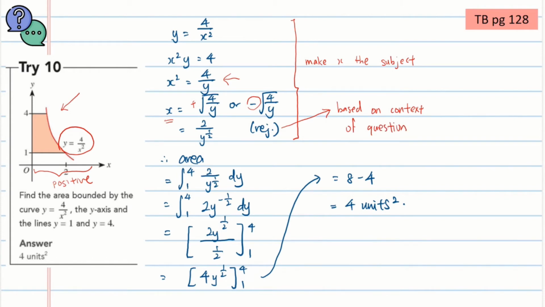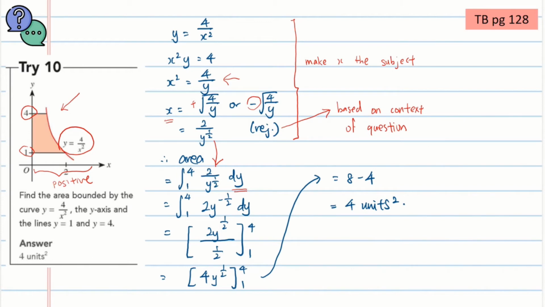Therefore, in finding the area, I will integrate from 1 to 4, taking the y-axis values, the function 2 over y to the power of half, because I applied this here, with respect to y. Then I just apply my usual integration for algebra.